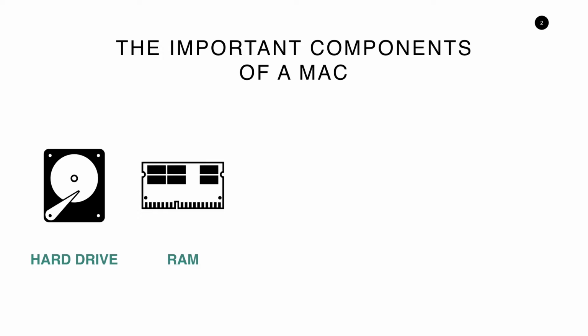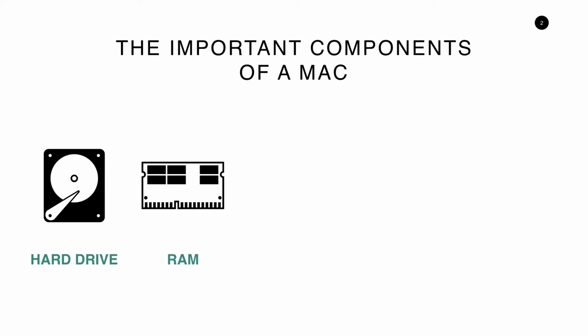So when you're working with a lot of applications, or on video editing or something fairly intensive, the Mac will temporarily transfer information from the hard drive to the RAM, which are more like little computer chips. And that allows you to get much better performance while that information is on the RAM.